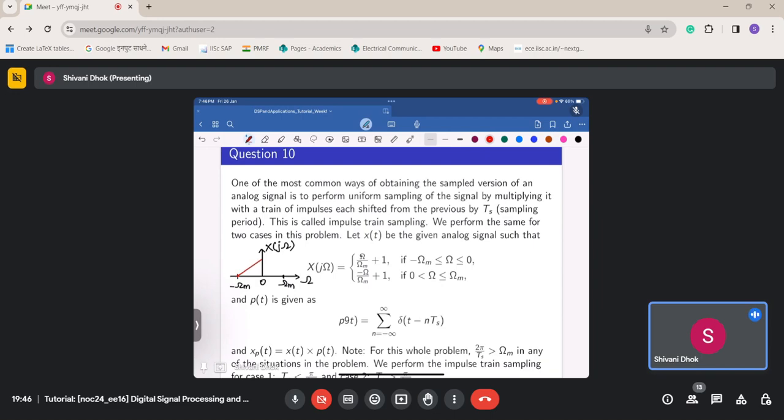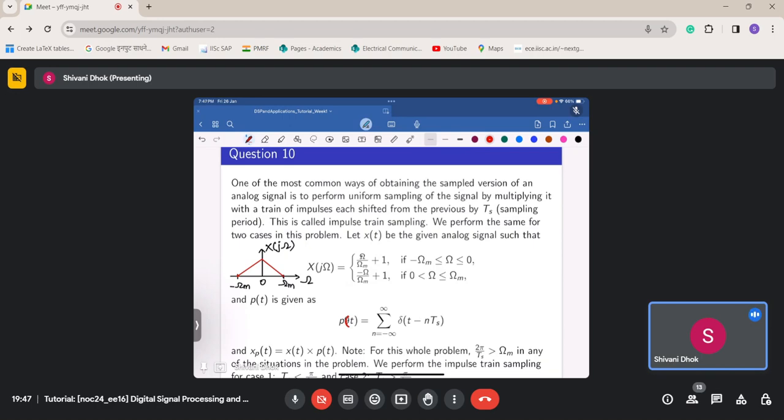Similarly, in the range 0 to ωm, this takes the value minus ω/ωm plus 1. If ω equals ωm, this quantity reduces to 0. So this thing will be like this. This is my X(jω).